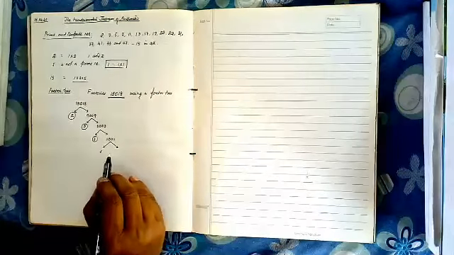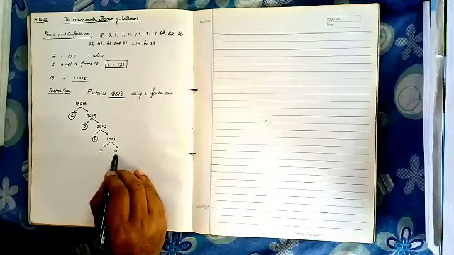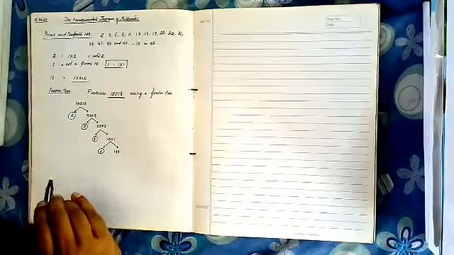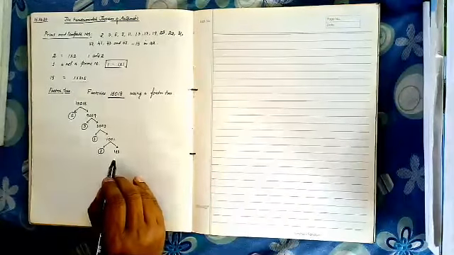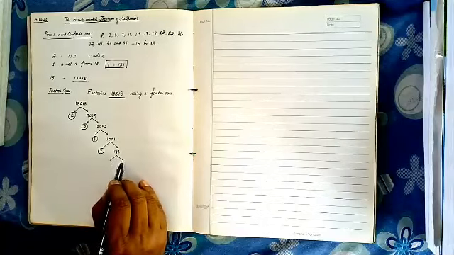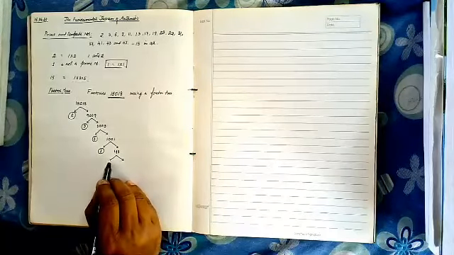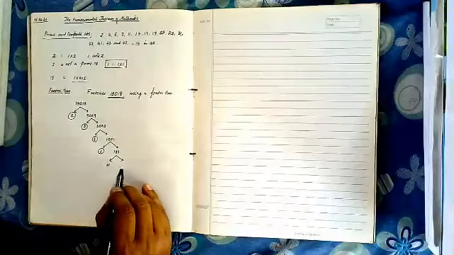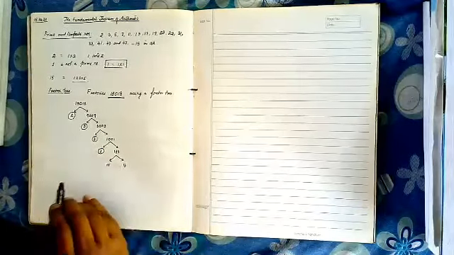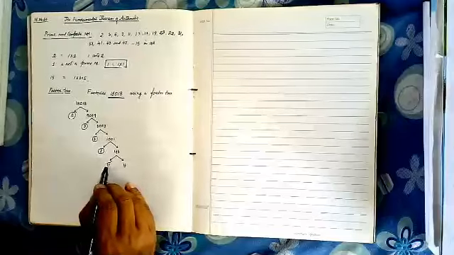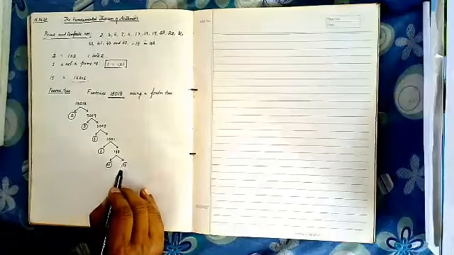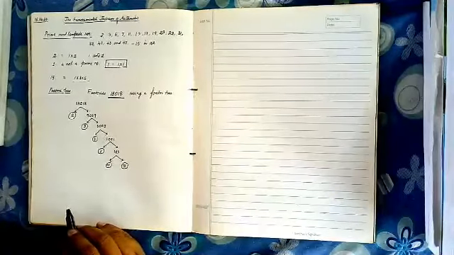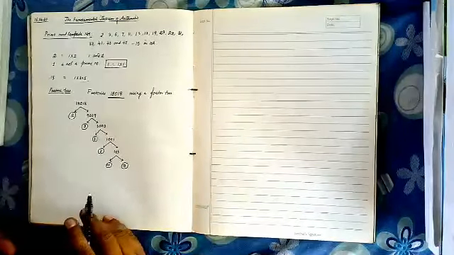There is 7 into 143. 7 is a prime number. Then for 143, we can write 11 into 13. Now both 11 and 13 are prime numbers, and hence factorization ends.